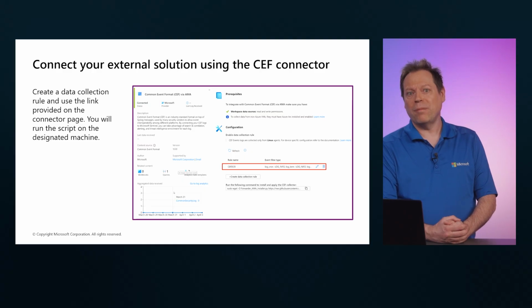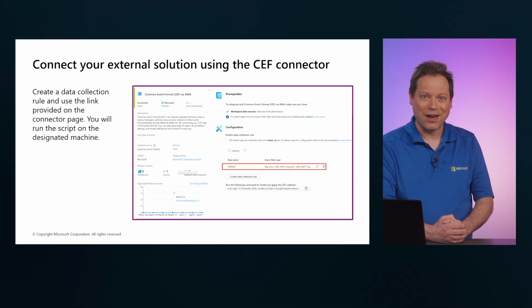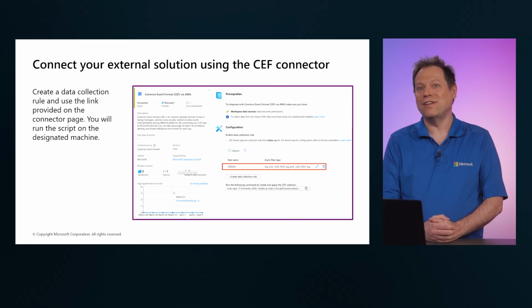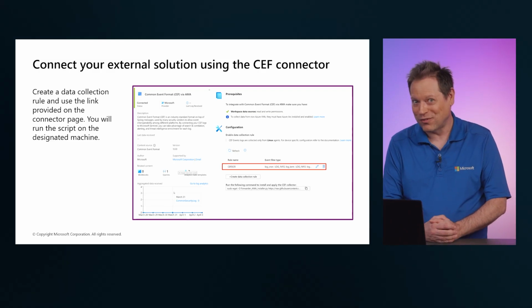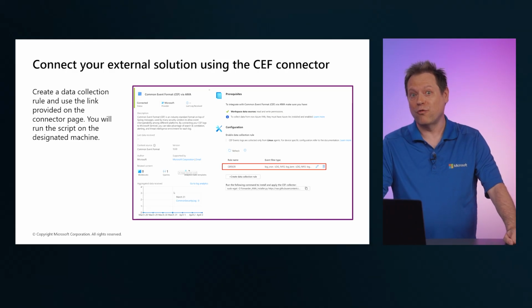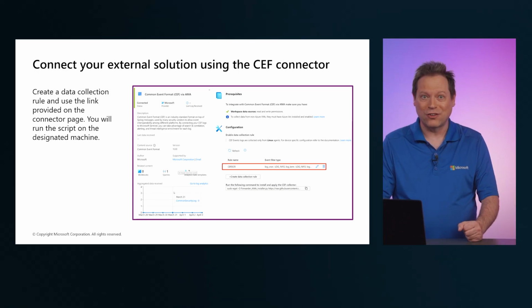When you run the script, it installs the Azure Monitoring Agent for Linux and configures it to listen for CEF messages from the built-in Linux Syslog daemon running on TCP port 25226. It also configures secure transport over TLS to your Sentinel workspace, where the messages are parsed and enriched.